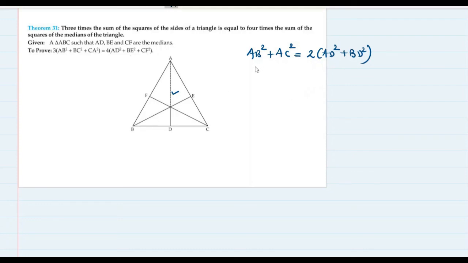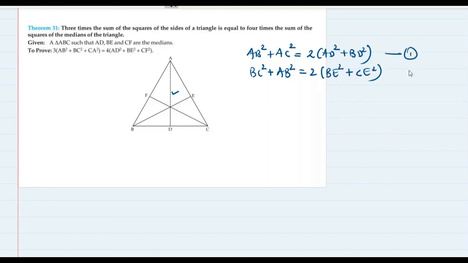Which are the two sides adjacent to BE? BC square plus AB square is equal to 2 times BE square plus half the third side, that is CE square.